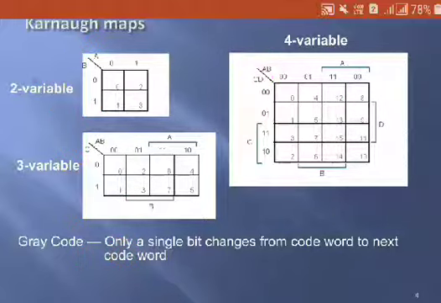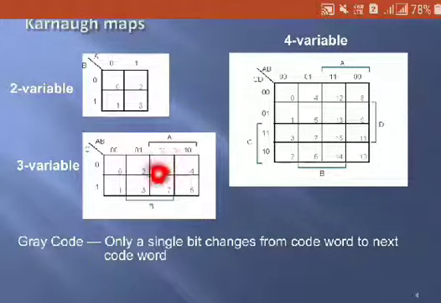If you observe the three variable K-map, since A, B, C are the three variables I am considering, A is MSB and C is LSB. So 0 0 0 is M0, 0 0 1 is M1, 0 1 0 is M2, and 0 1 1 is M3.